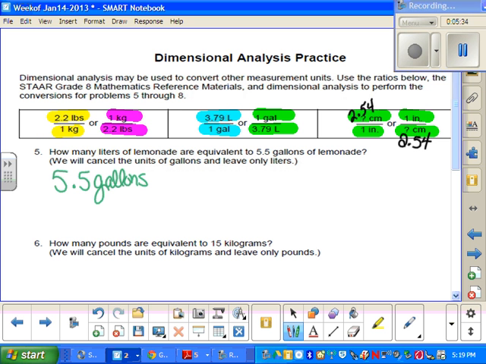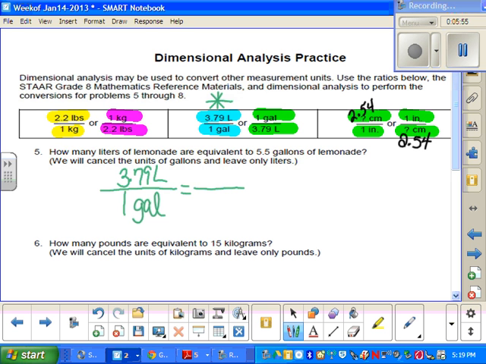So go up and look at your dimensional analysis up top, and we see gallons on the bottom is 3.79 liters to 1 gallon. And that is 5.5 gallons.